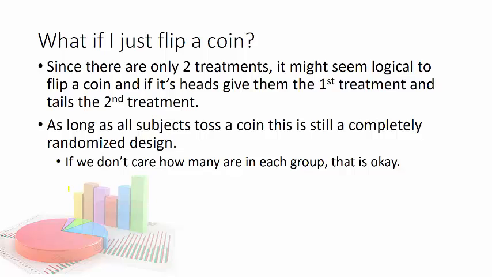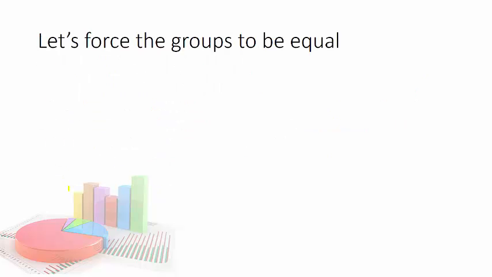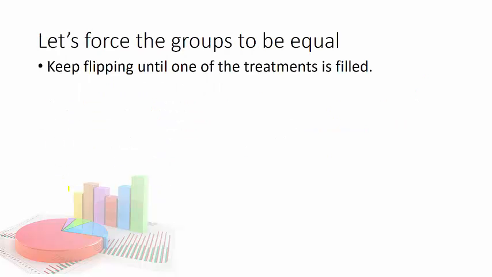But here's the deal. You can't care that you don't have the same number of people in each group, because that's usually not going to happen. But honestly, we normally care when the size of the groups don't match. So you'll say, well, okay, I'll force the groups to be equal. So what you could do is keep flipping. Your first school, or your first subject, flips.